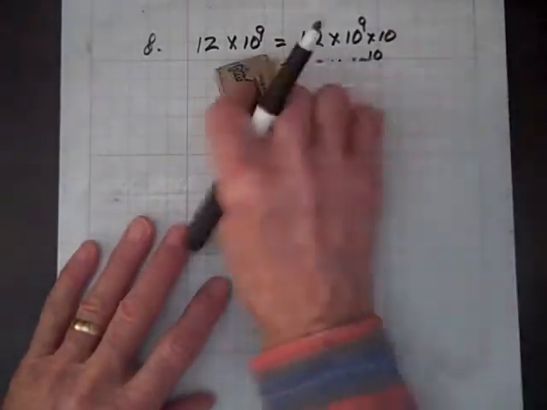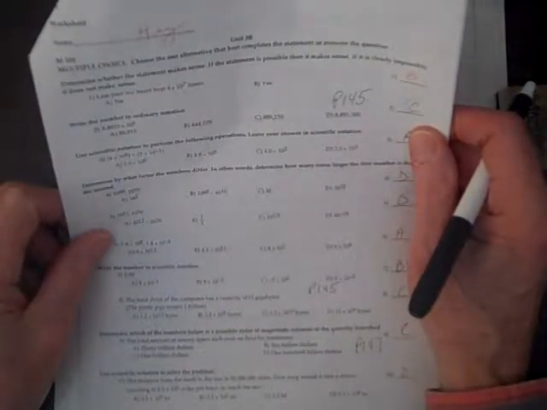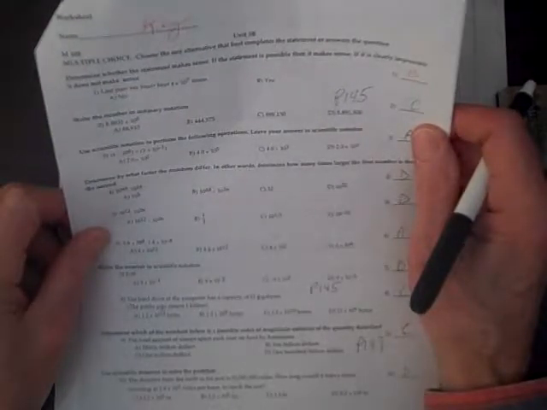Now, for number 9, it says the total amount of money spent each year on food by Americans. And by the way, that order of magnitude can be found on page 147.